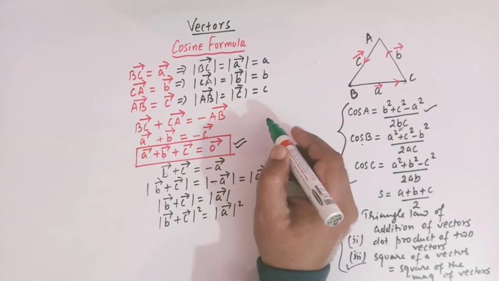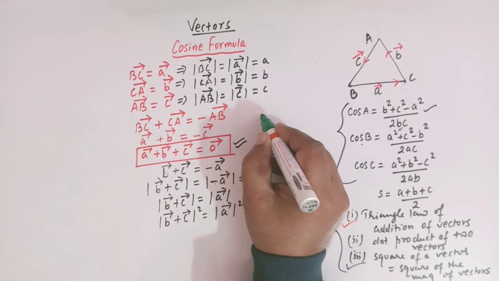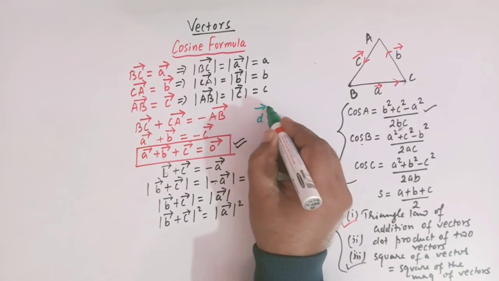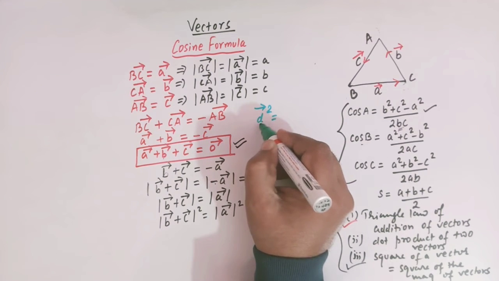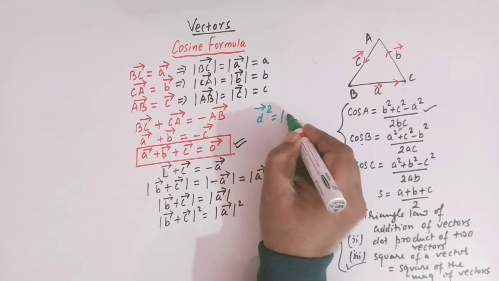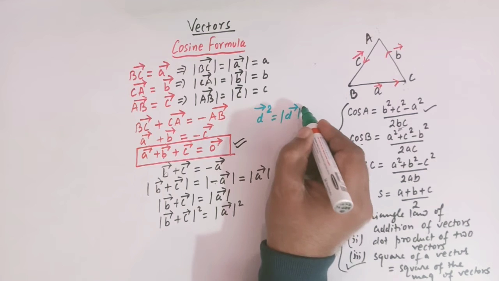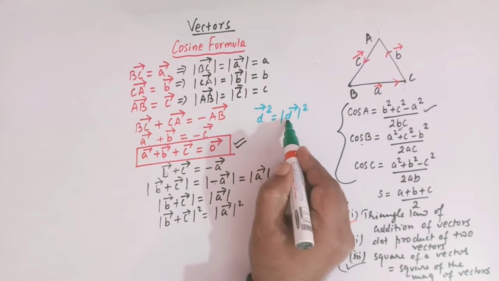From vectors we know that if we have a vector, say D, then the square of this vector D is equal to the square of the magnitude of D.